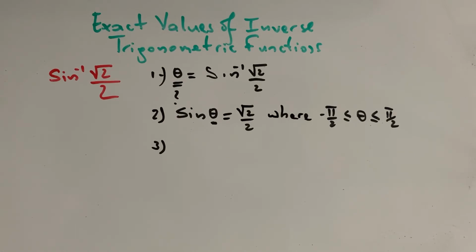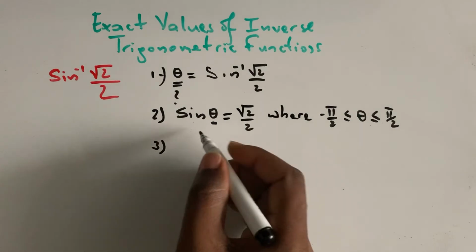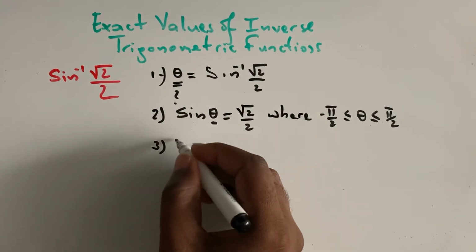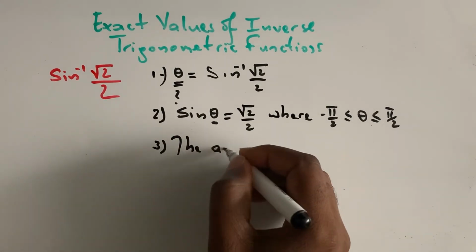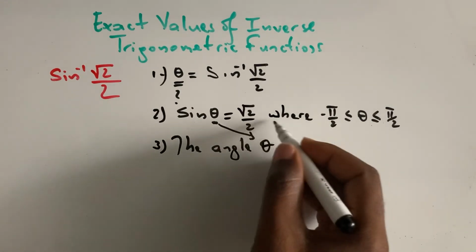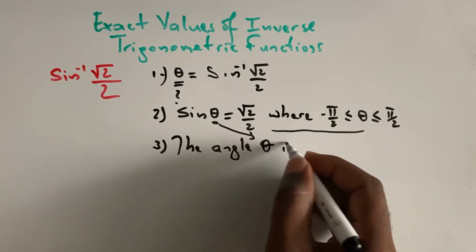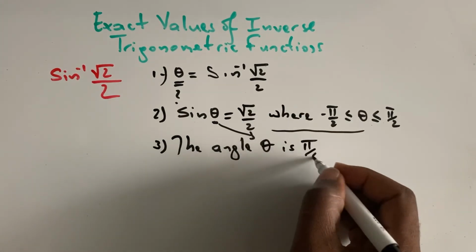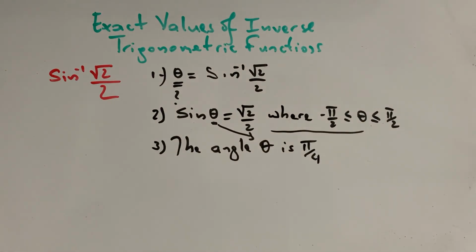That's the question you ask yourself, and you say that angle must be pi over 4. So the angle theta defined like this, whose sine is square root of 2 over 2, is pi over 4, and it's between negative pi over 2 and pi over 2.